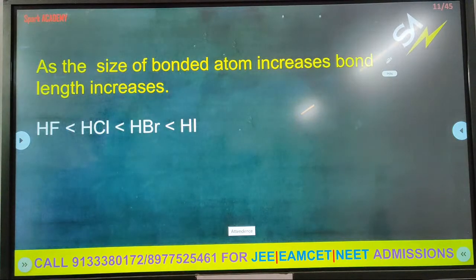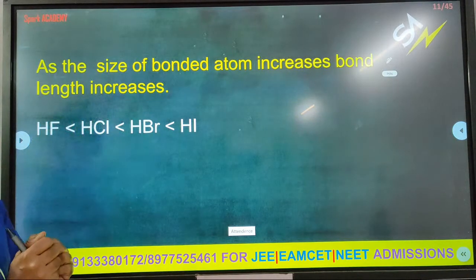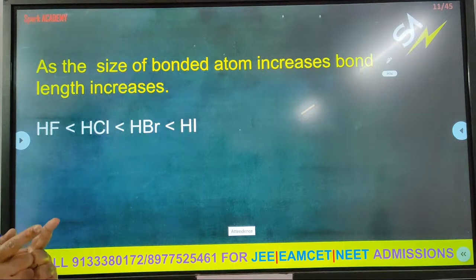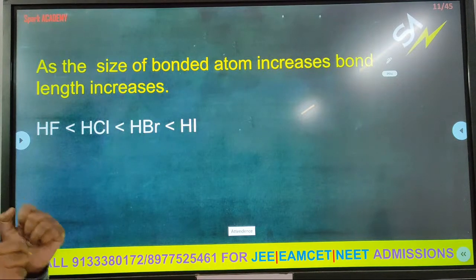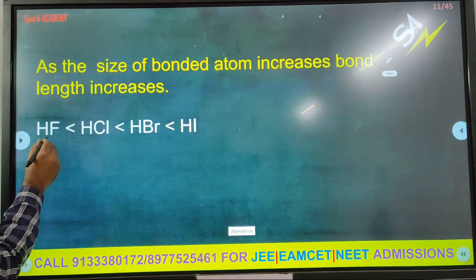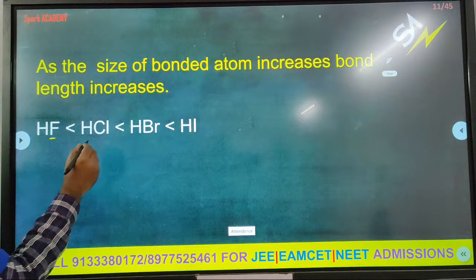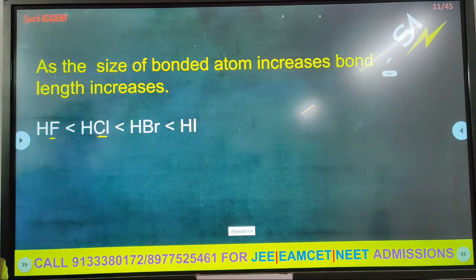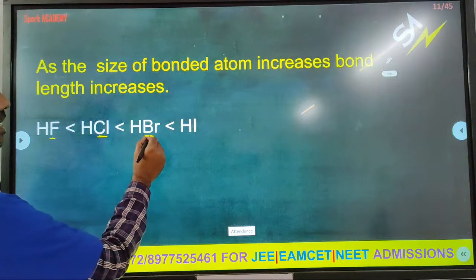Now next statement. As the size of the bonded atom increases, bond length increases. Now see these covalent molecules. What is the central atom here? Fluorine. What is the central atom here? Chlorine. What is the central atom here? Br.